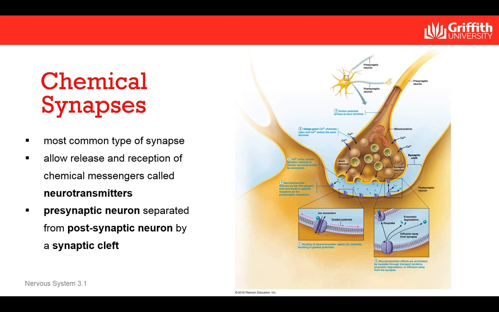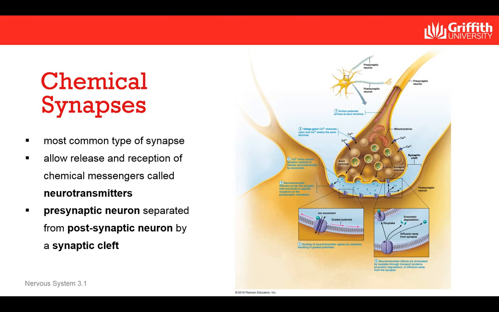Thirdly, the surge of calcium into the axon terminal causes fluid-filled bubbles called synaptic vesicles to release neurotransmitters by exocytosis. That is, the synaptic vesicles fuse with the presynaptic membrane and empty their contents into the synaptic cleft.